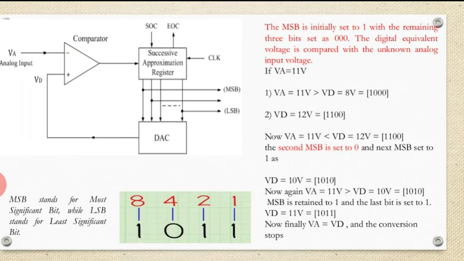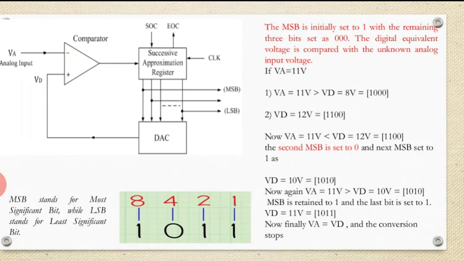So now the value becomes 1011. Finally, 1011 is nothing but 11 volt. So now VA equals VD, so the conversion stops. Here the analog input is converted into digital form.